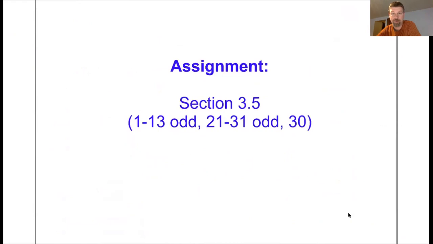All right, there's your assignment. Give it a try. I am going to include a PDF of some important identities in the Schoology folder, because a lot of us might not remember those identities, and they're definitely going to be important to have memorized.